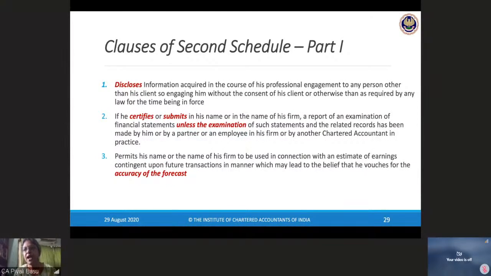Today, the Institute has come out with guidelines, sometime in April when this virus became a pandemic. They came out with circulars, notifications, guidelines on how an auditor is going to report when we sign a statutory audit report.